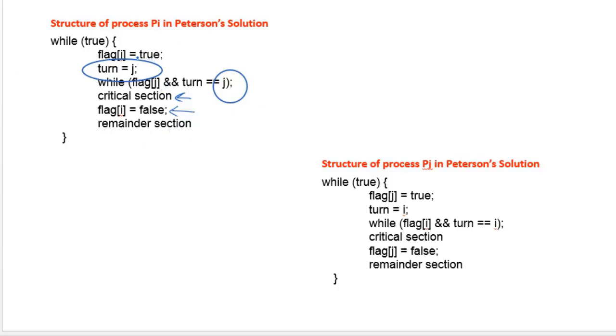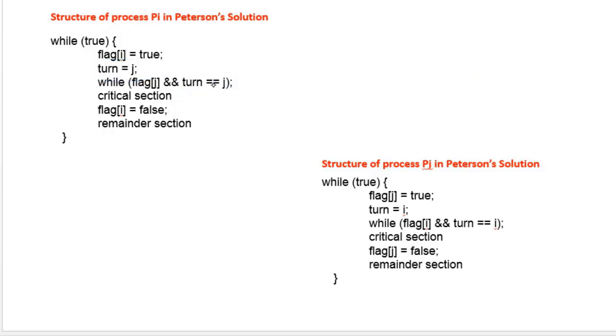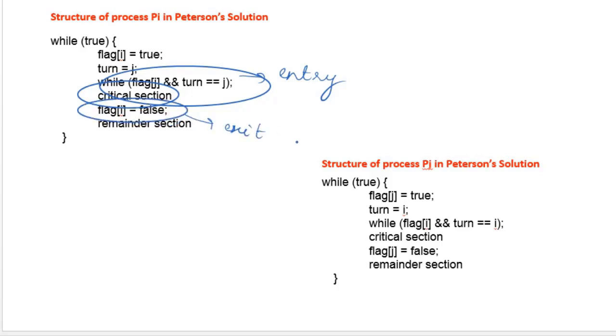Please note this turn value setting and flag value setting will be the entry section of the code, and the while statement here, this is the entry section, and here is our critical section, and setting back the flag value to false will form the exit section of our code.